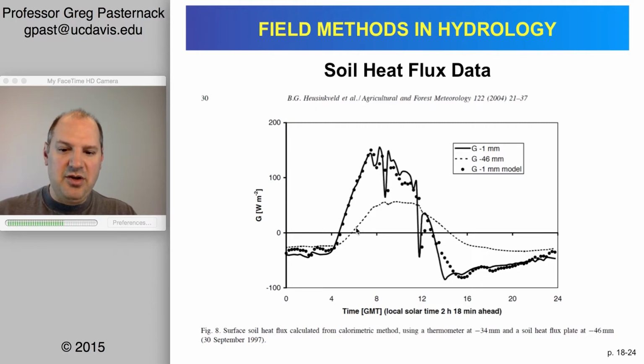So I'm assuming here that a positive flux is heat going into the ground because it's hot out during the day, and then at night we're giving off heat. Now that's what's being recorded at 4.6 centimeters depth, but when we apply the temperature correction, you can see significantly higher and more variable fluxes of heat at the surface. And so that's why it's important to do this correction.